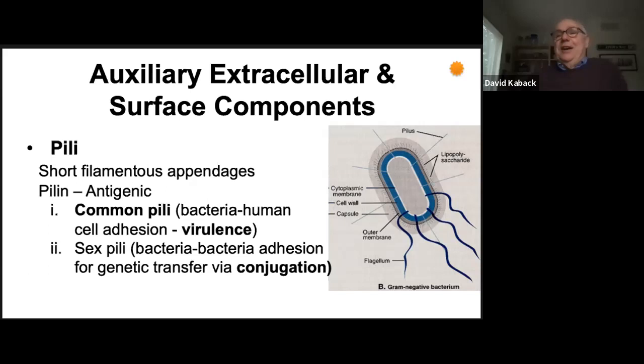Rather unique way that our normal flora can get rid of some abnormal flora. This just came out.